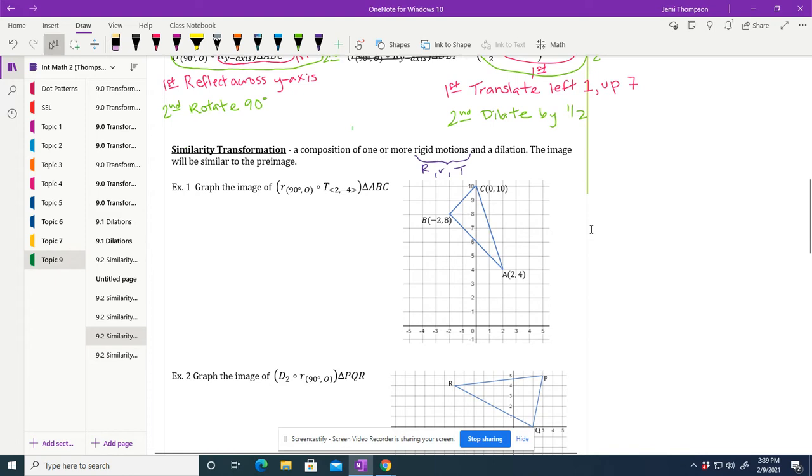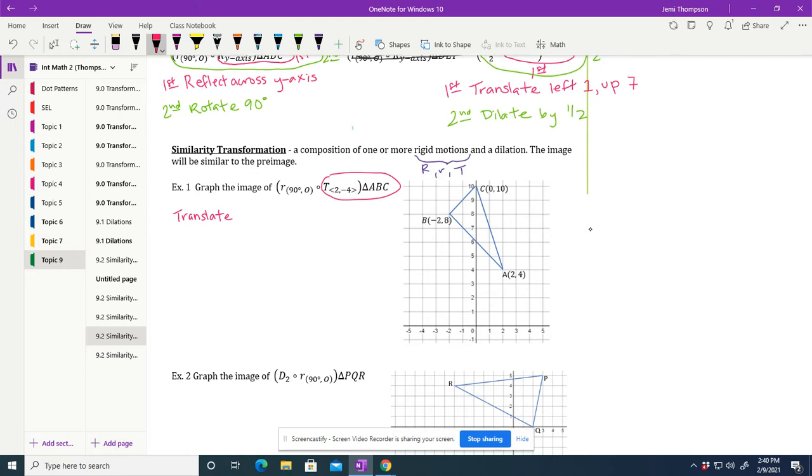All right, example 1. So the first thing that I'm going to do, I'm going to have these points A, B, and C, is I'm going to translate them. And you can do this visually, or you could do it algebraically. I'm going to kind of show you both.